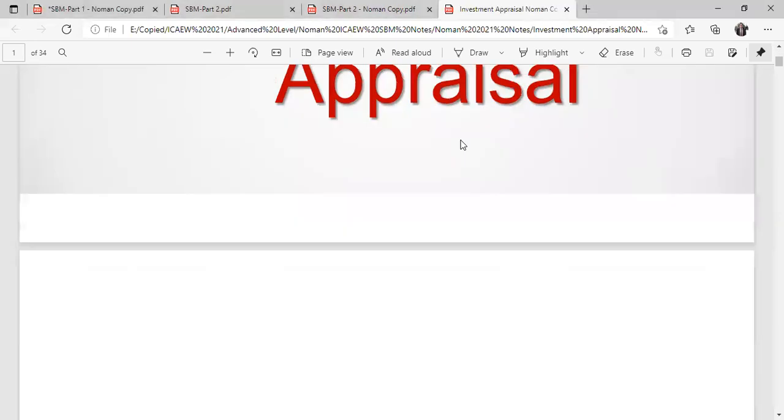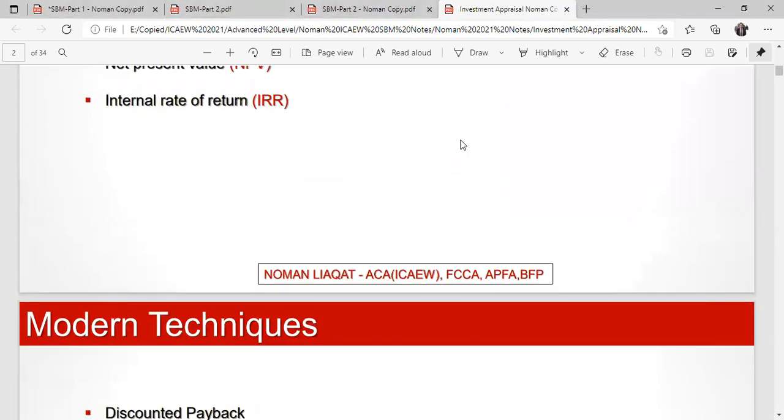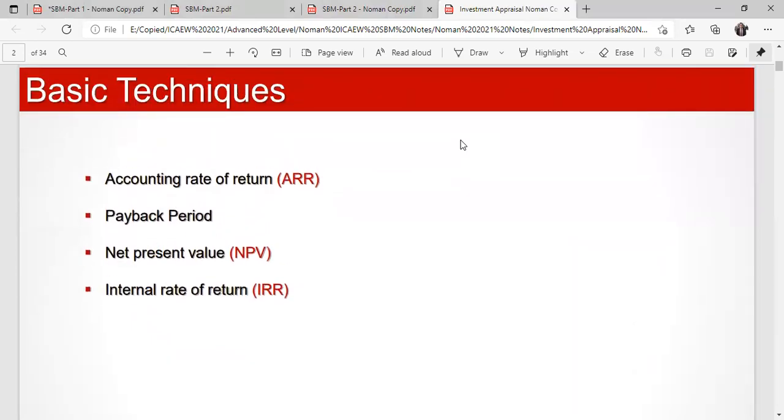Like investment appraisal, if we talk about investment appraisal, then you can see there are different types of investment appraisal, different points that we need to study. First of all, you must have an idea about basic techniques, as we have studied a lot of times, like what is ARR, or you can say ROCE, payback period, net present value, IRR, internal rate of return.